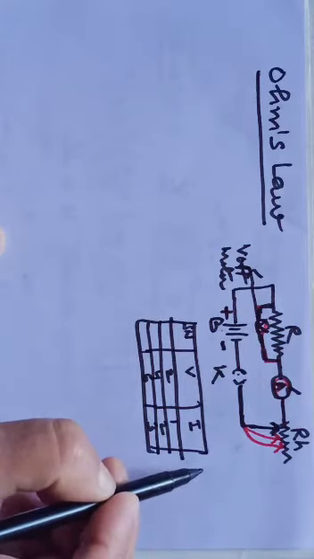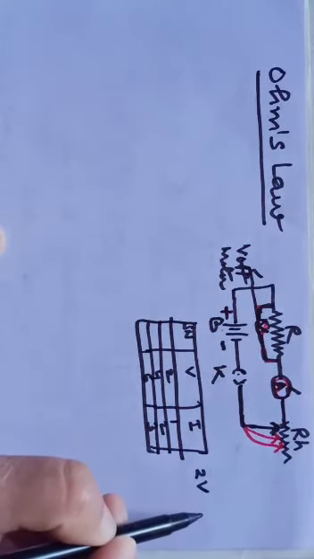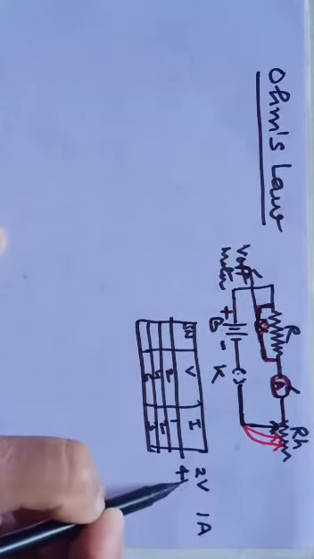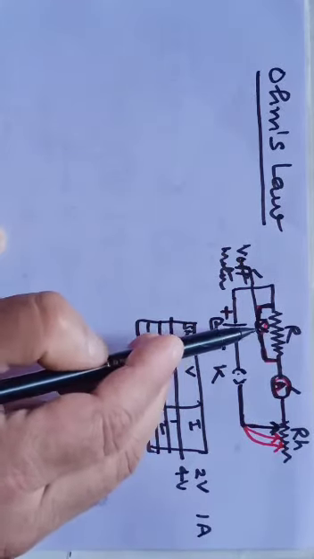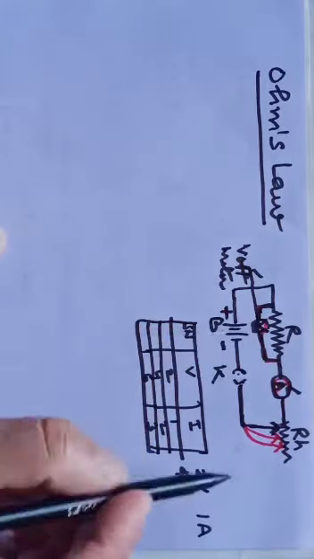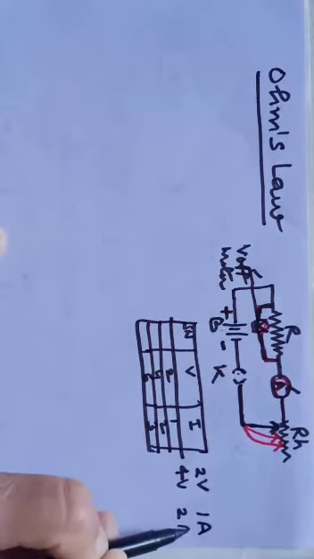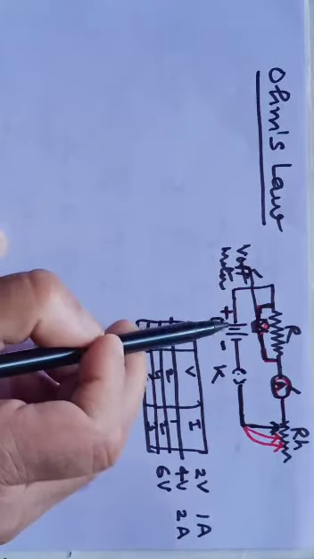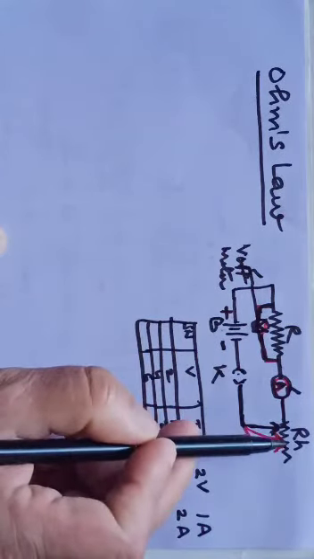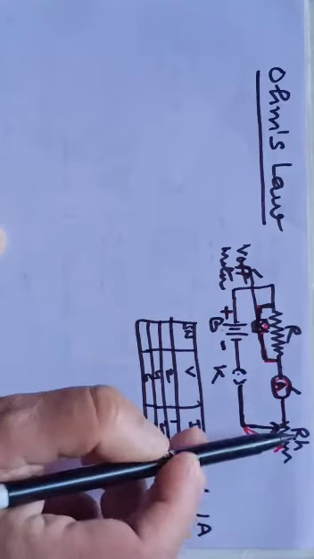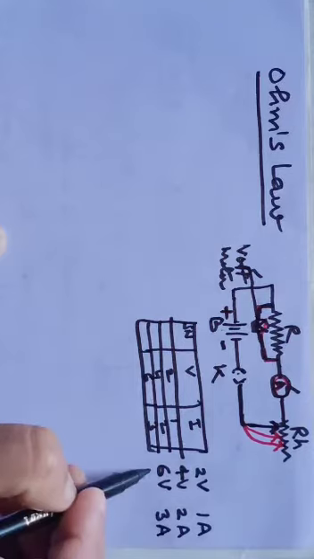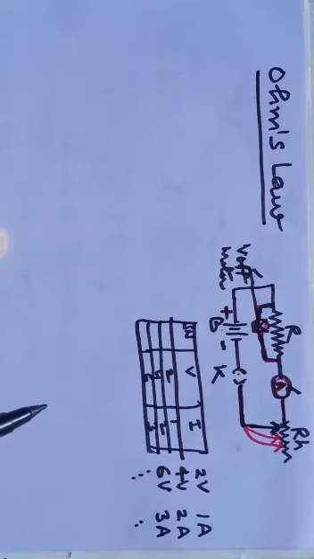So if voltage is 2 volt, current is 1 ampere; if potential difference is 4 volt, recorded by the voltmeter, then current becomes 2 ampere. 6 volt potential difference is given by the battery by means of sliding this rheostat, then the current becomes 3 ampere, and so on. We get a set of readings.